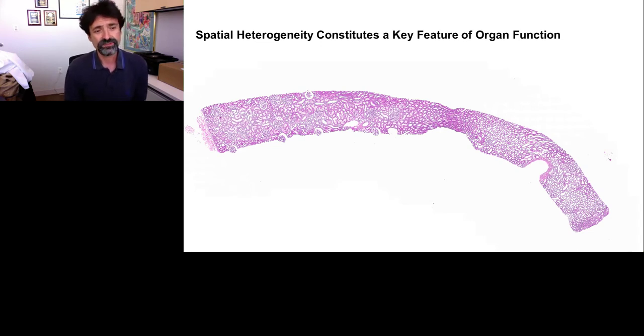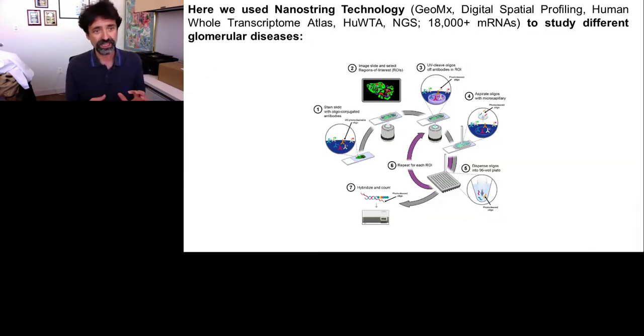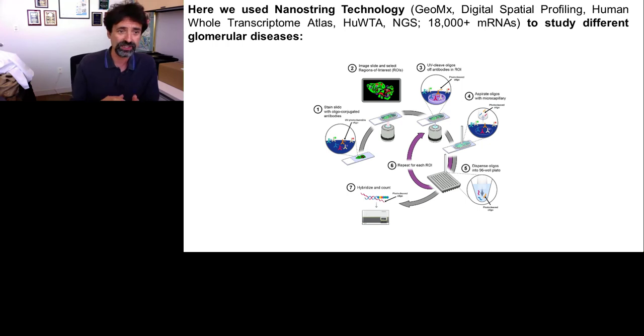So there are different techniques to get more insights about the single cells or single structures of the glomeruli. Here today we are talking about what is called the NanoString technology that allows to have transcriptional information of the different structures in kidney biopsy.